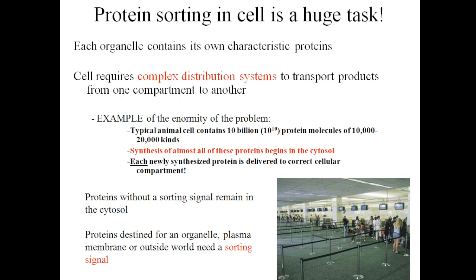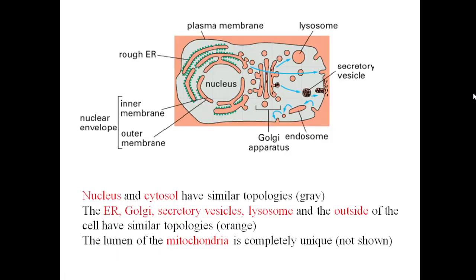But all of this is effectively distributed because each polypeptide chain has a specific so-called sorting signal. And all of this is important for distribution in cells.